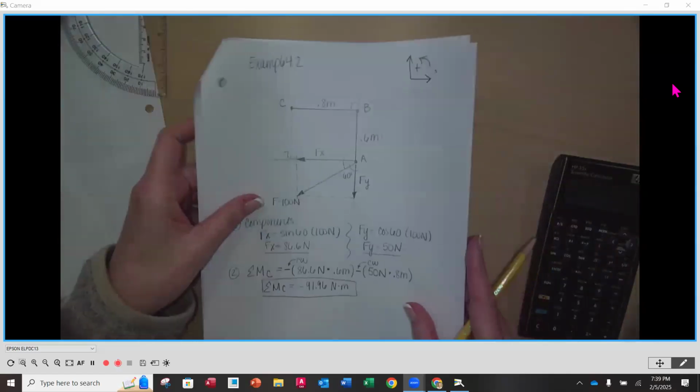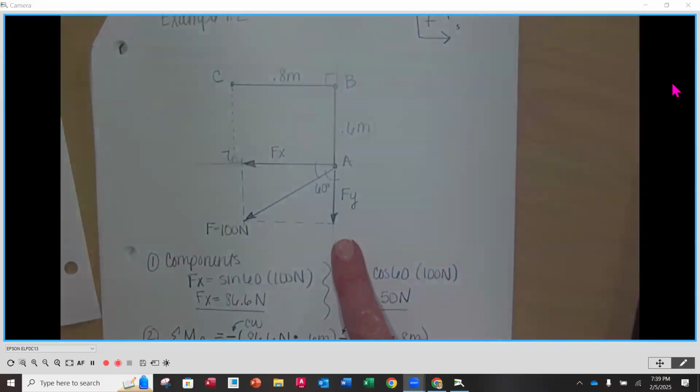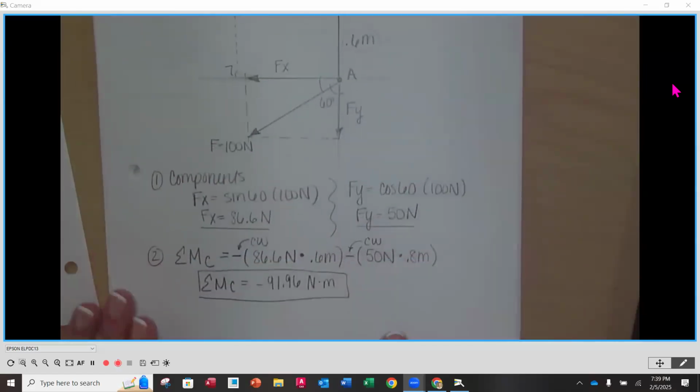Then we did it a second way, where we broke the force into its components and used the distances we were given. We had two moments here because we used both the X and the Y components, using the perpendicular distances given on the bracket, and we ended up with the very same answer.